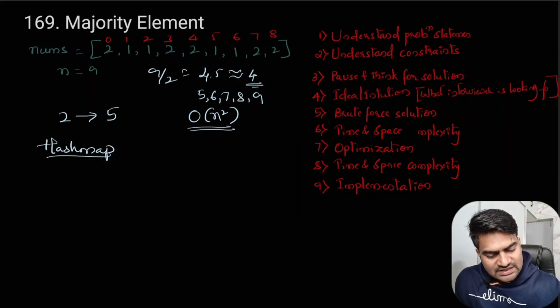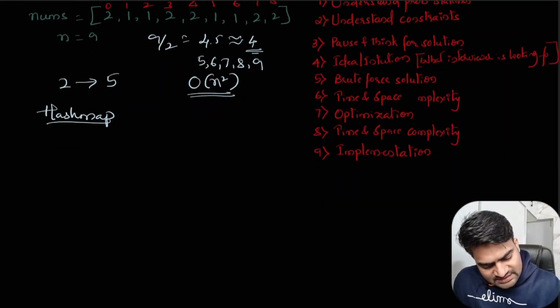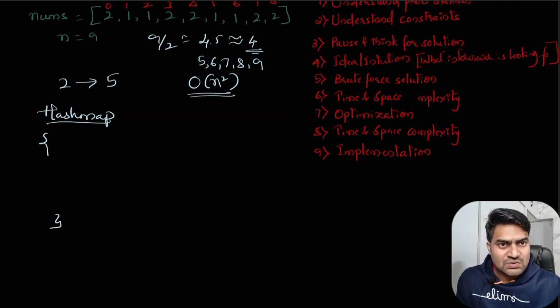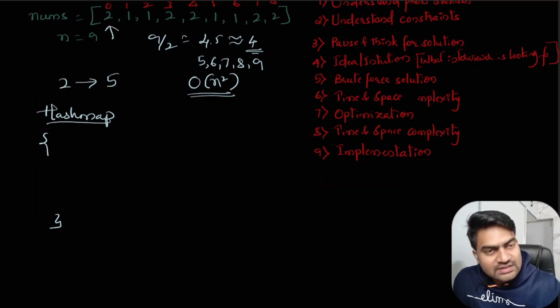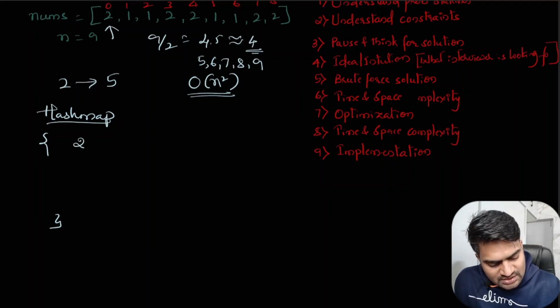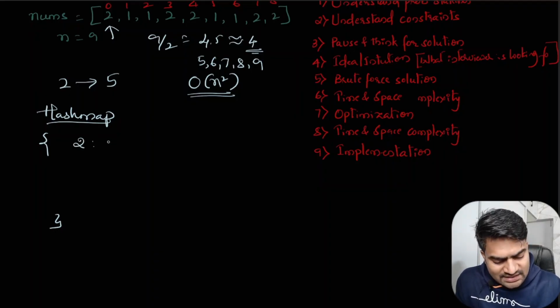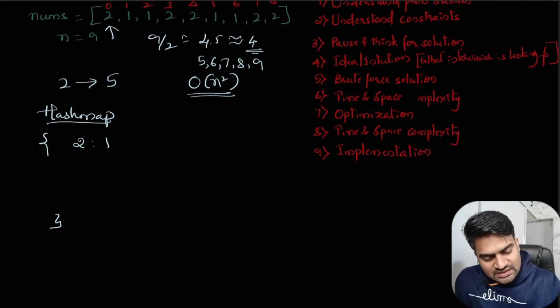Let us try to do that. We have a hash map here, which stores key value pairs. I will start with my first number, 2. It does not exist, so I'll add it into the hash map with count 1.